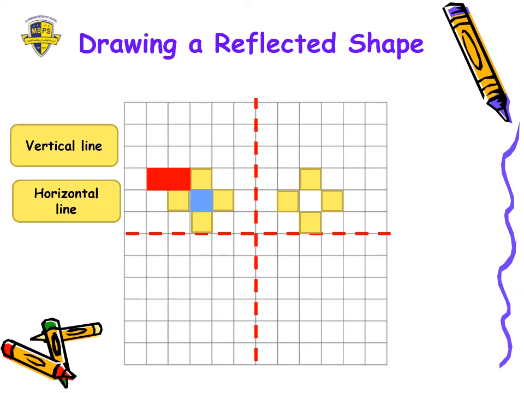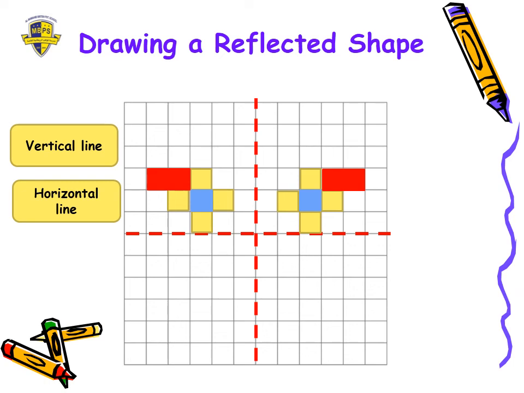Then in the middle we have the blue one, so we put the blue one. Now the red: the first red square, how many squares between the mirror line and the red square? 1, 2, 3. Good. So on the right side count 3 and put your first one, then your second one, and this is the reflected shape.